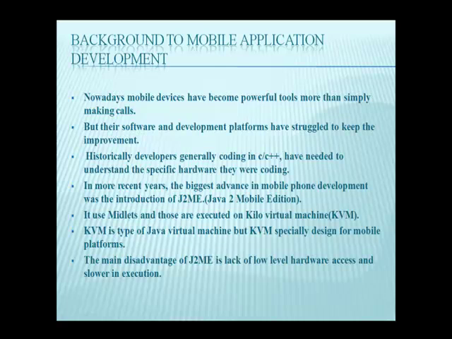In more recent years, the biggest advantage in mobile phone development was the introduction of J2ME, Java 2 Mobile Edition. It used MIDlets, and those are executed on the Kilo virtual machine. KVM is a type of Java virtual machine, but KVM is specially designed for mobile platforms. The main disadvantages of J2ME are lack of low-level hardware access and slower execution.